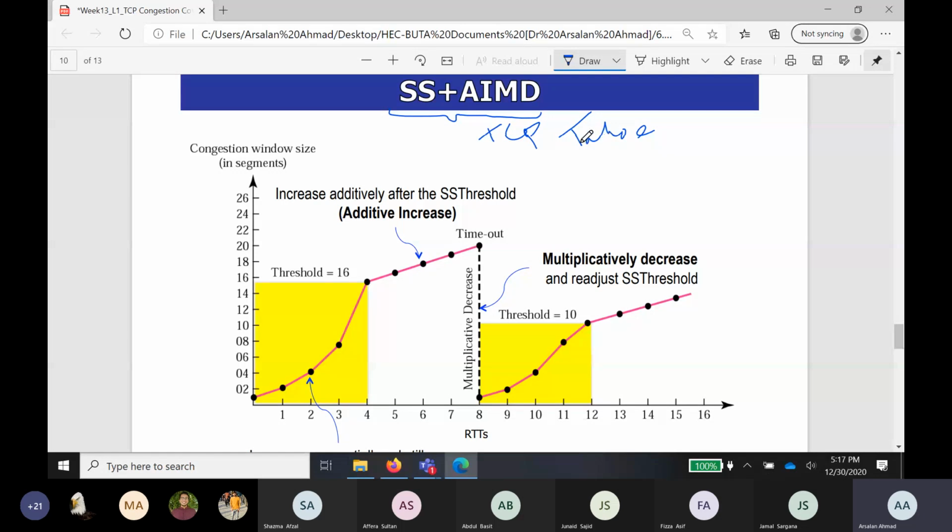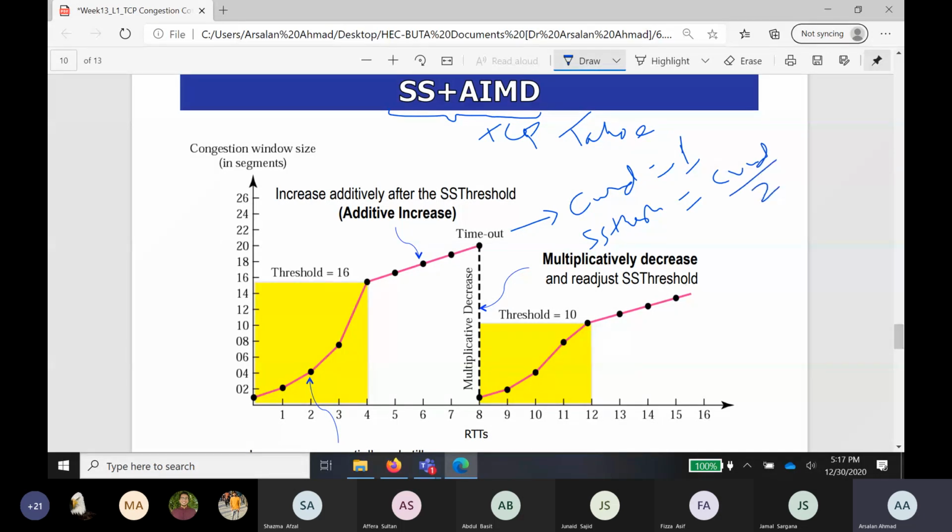So the approach in the MD part is that they bring down the congestion window to 1. They don't cut it in half, they bring the congestion window down to 1. The event is timeout, and the action is you bring cwnd down to 1, and you set the value of ssthresh to congestion window divided by 2.